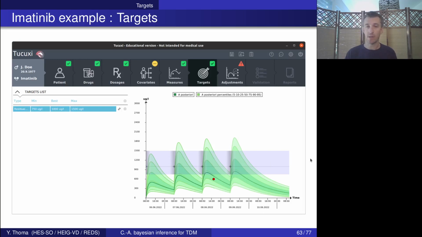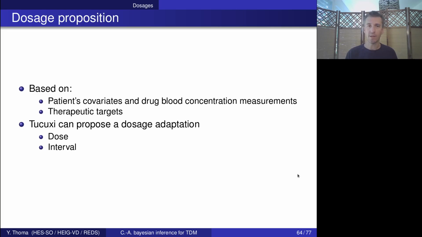So if we go back to our example, for imatinib, the target is to be at 1,000 micrograms per liter at the residual. So just before the next intake, we would like to be here. Not less than this, not more than this. So what we see here is that it seems that this patient is a bit underdosed to reach that target.